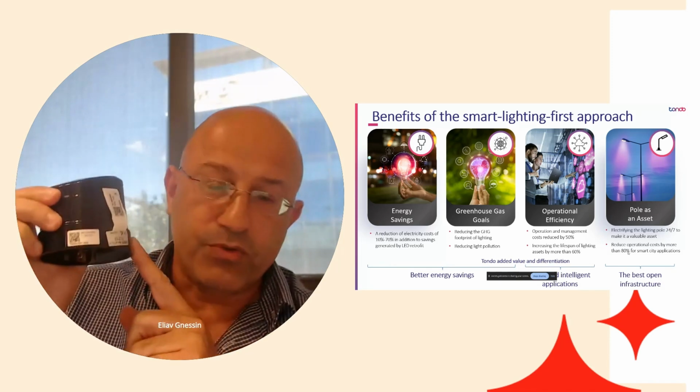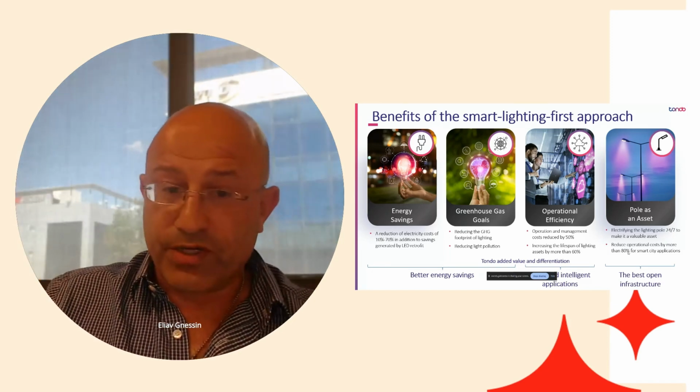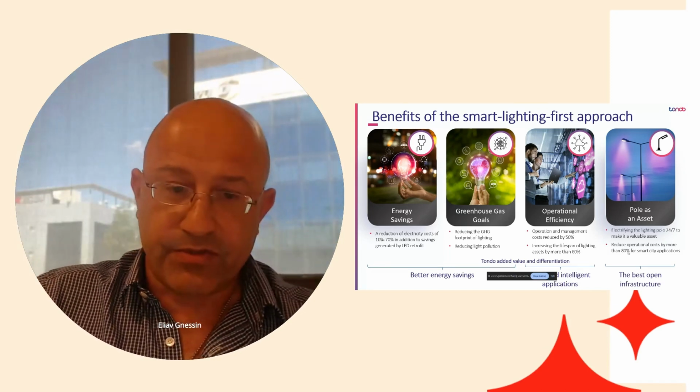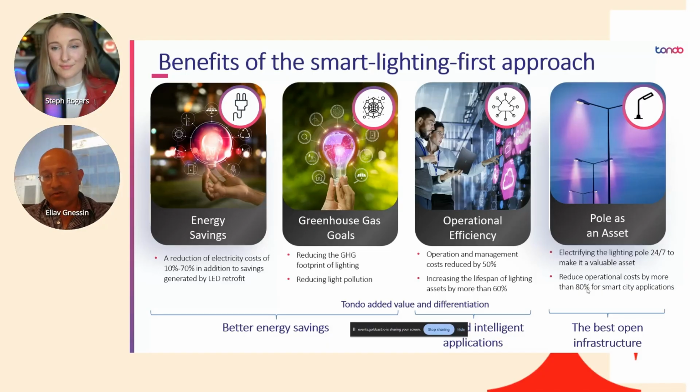It also has a Bluetooth chip on it, so it can communicate both to the cloud and to other things on the ground. And we use these smart lighting controllers to actually provide a lot of value, the energy saving, but also operational efficiency. And last but not least, we are allowing the pole to be electrified 24/7.